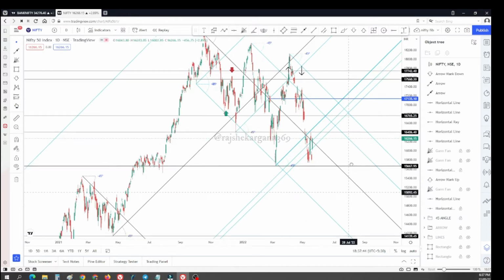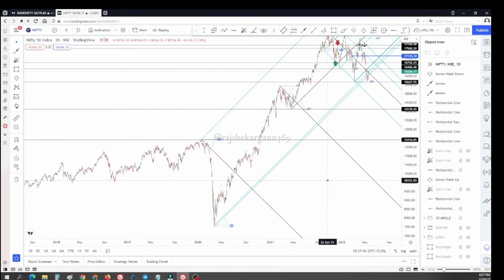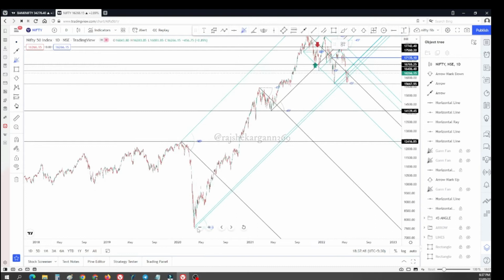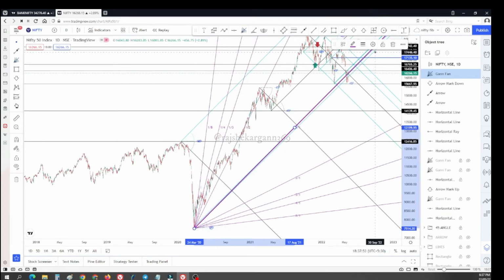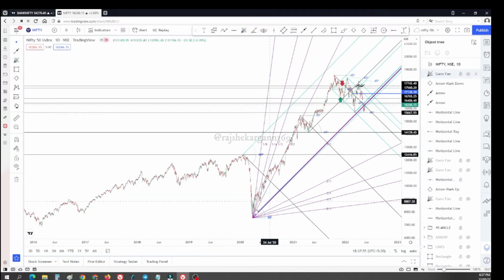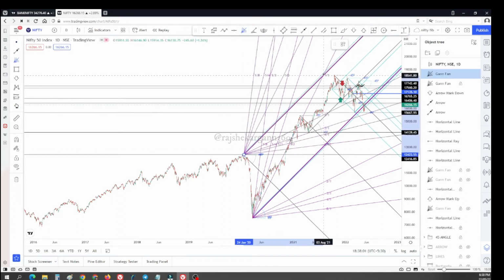So now along with this, we have to see all other parameters of Gann angles. So this is equally important, and the angle which is coming from this high is also important.